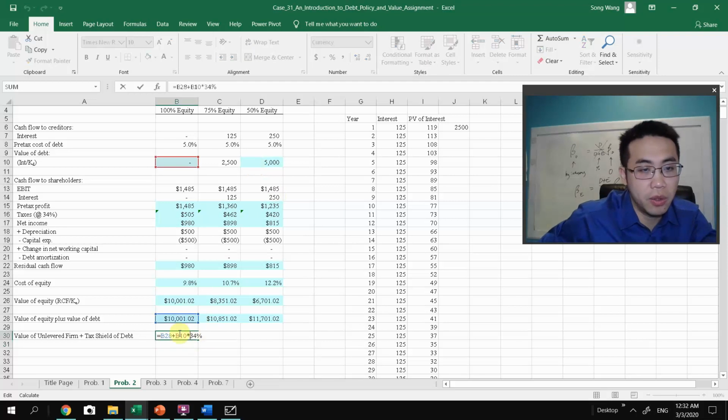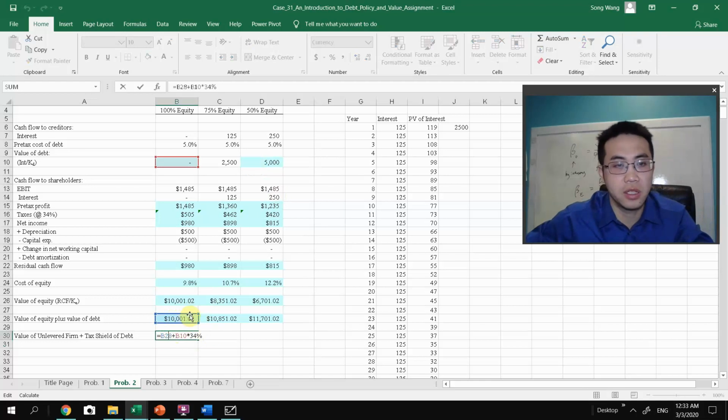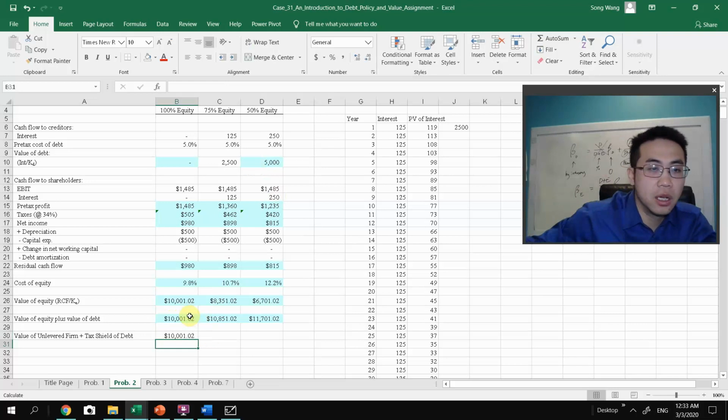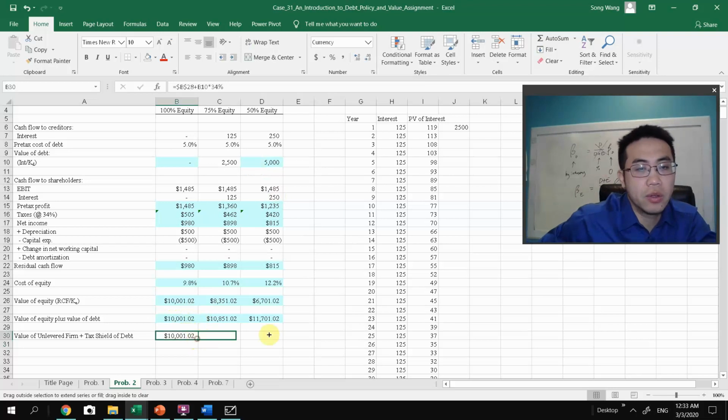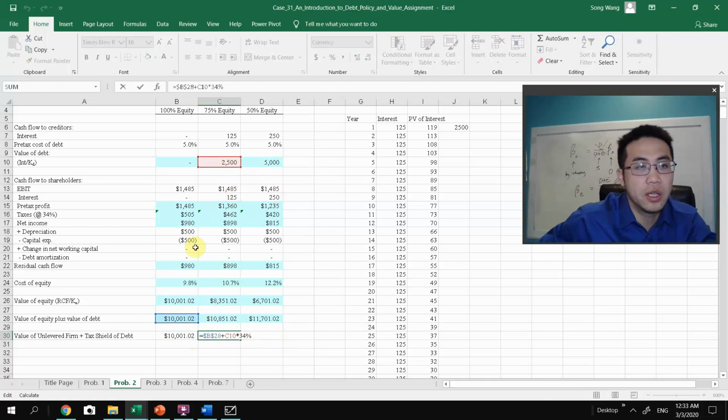And then I will keep using this value of unlevered firm. When I say unlevered, that means this firm has no debt at all. Lock that number, and then drag it all the way to the right, and you will see the number still matches. Okay, so the value of unlevered firm plus the amount of debt times 34%.